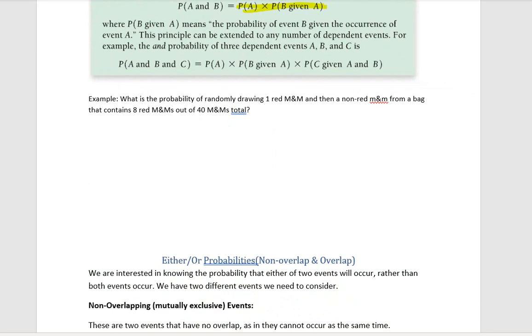So for example, what's the probability of randomly drawing one red M&M and then a non-red M&M from a bag that contains 8 red M&Ms? So the probability of pulling out a red one, and then the probability of not pulling out a red one. Well, we have 8 red M&Ms out of 40 total. And then what we do is that we eat that red M&M.